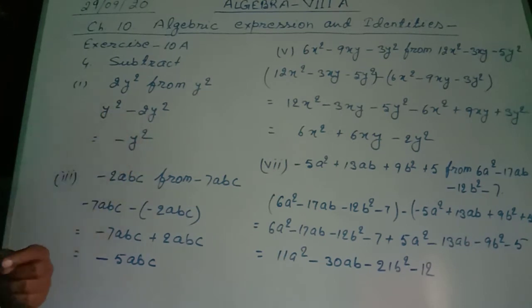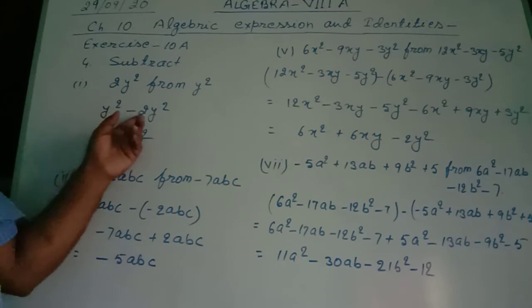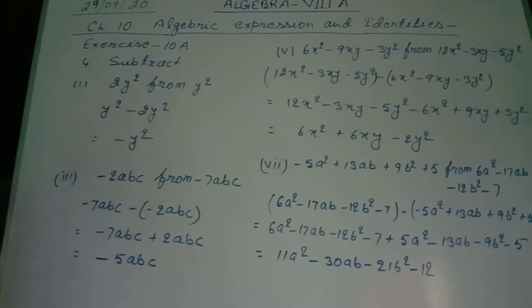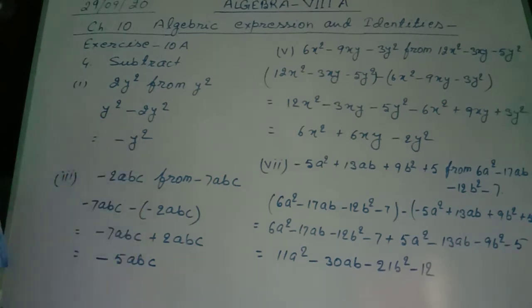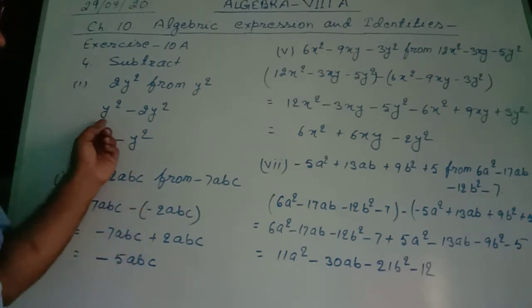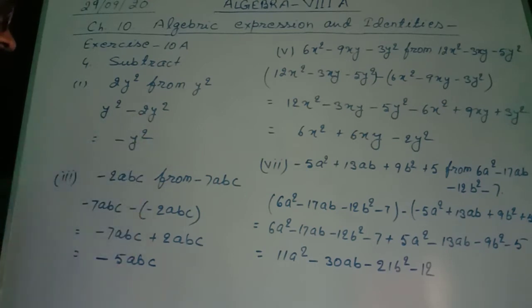Plus minus minus, we multiplied these two signs, we got minus. It means we will subtract these two, smaller from greater. Y square is smaller, 2y square is greater. So we will subtract y square from 2y square. So we get y square.